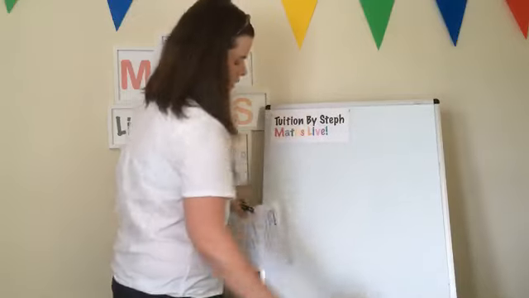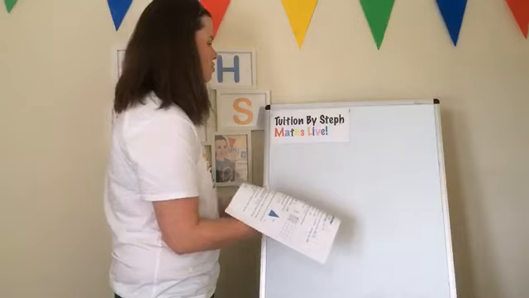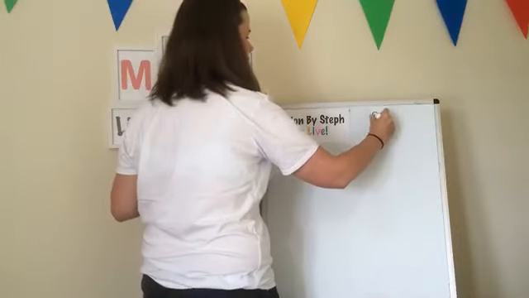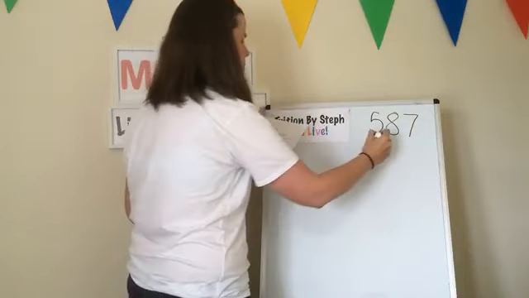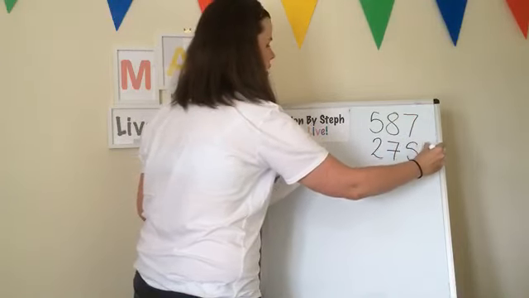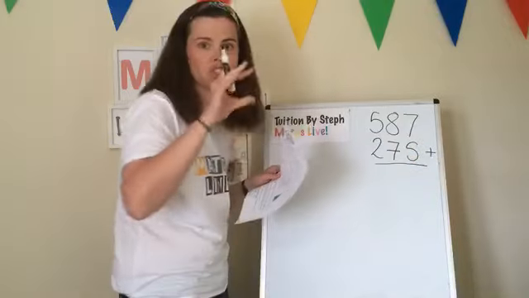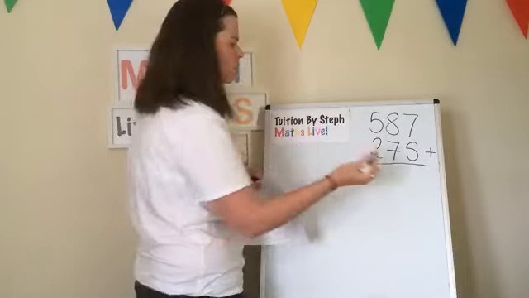Okay. Question 3. What is 587 plus 275? Now, if you have been super and you've done it, this is the best time to just check. Just check, right, I've got this right. I'm sure what I did, I've already got it right.